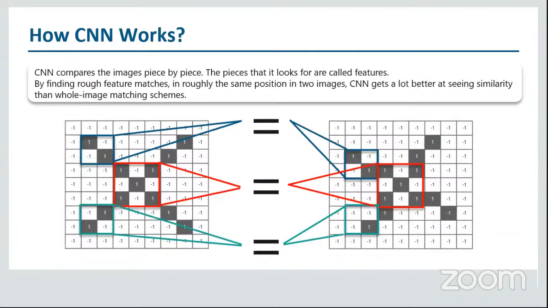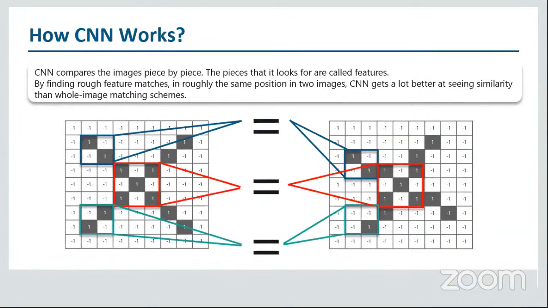By finding the rough feature matches in roughly the same position of the two images, CNN gets a lot better at seeing similarity than whole image matching schemes.